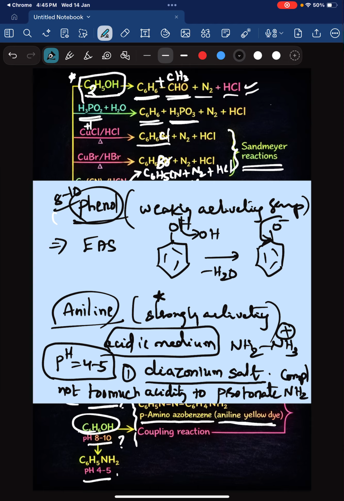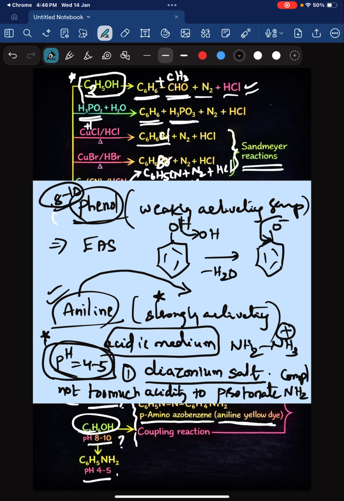So here don't get confused, students. The first reason is the formed diazonium salt is stable at mild acidic medium. Second, if we use too much acidic medium, the NH2 completely becomes NH3 plus. That deactivating nature of NH3 plus doesn't support the coupling reaction. So these are the two reasons why we use basic medium with phenol, and mild acidic medium with aniline.